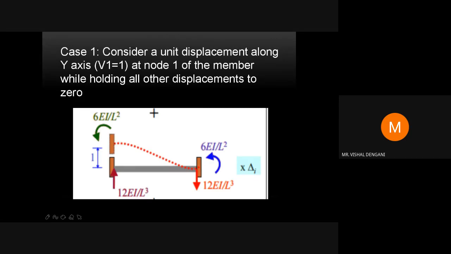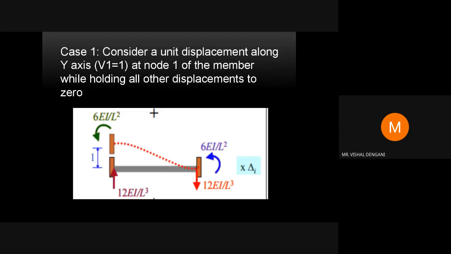It can be called a force or moment, since stiffness is nothing but force per unit displacement or moment per unit rotation. So the moment produced at both ends of the member is 6EIδ/L², which is nothing but K into δ.